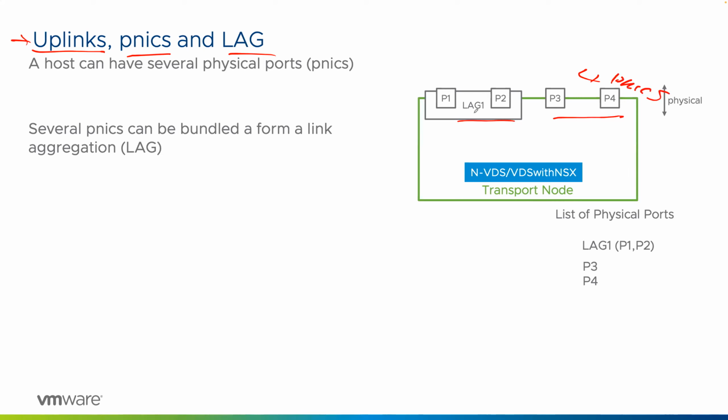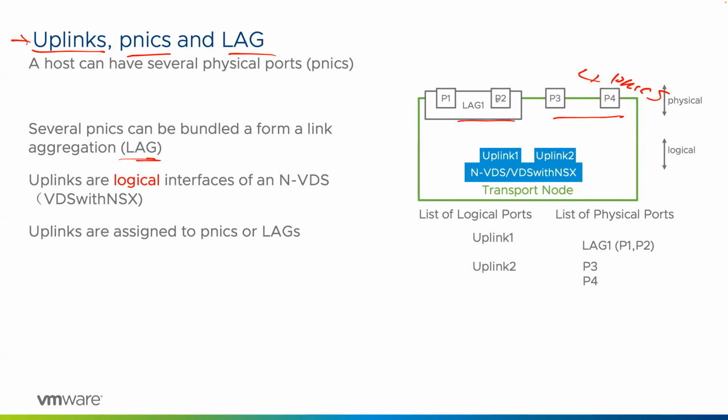And on top of that, we can create a LAG for link aggregation. For example, we put P1 and P2 into the LAG group to form a link aggregation. Here is LAG1.